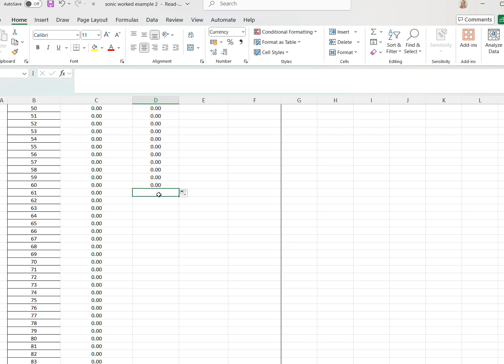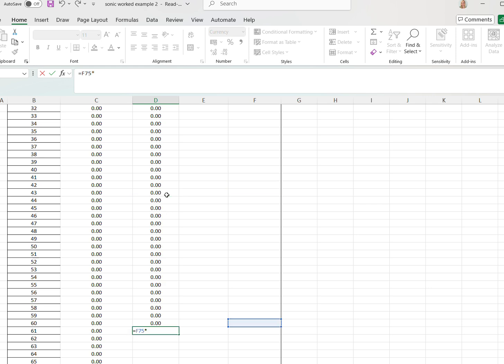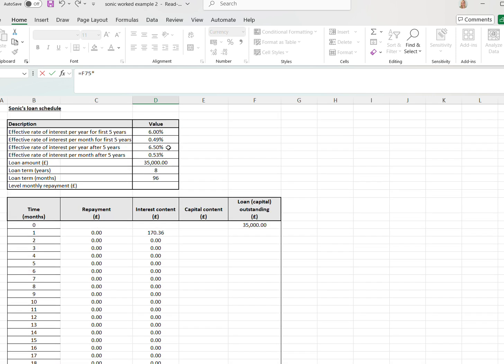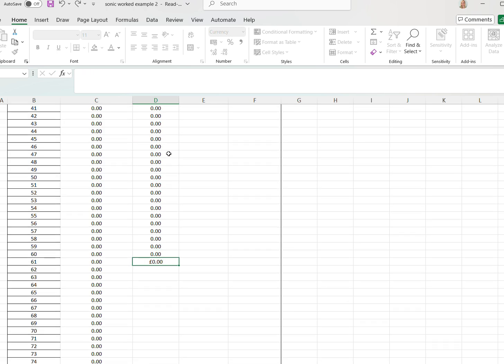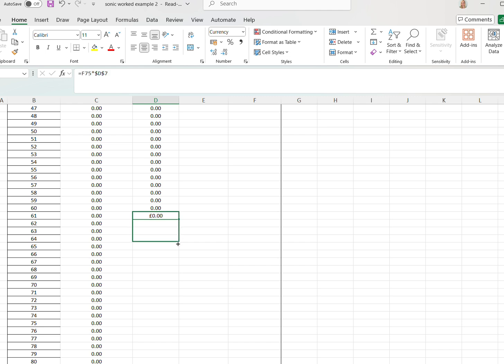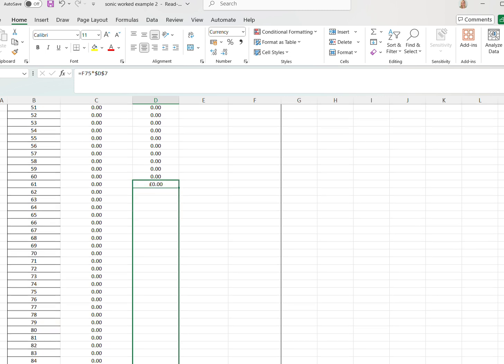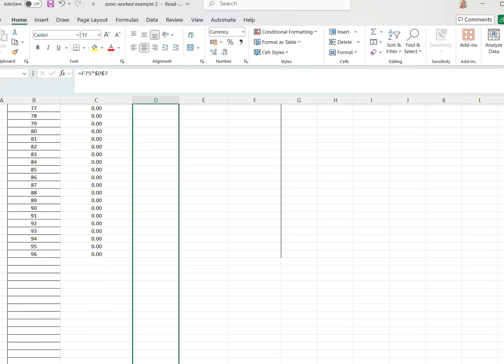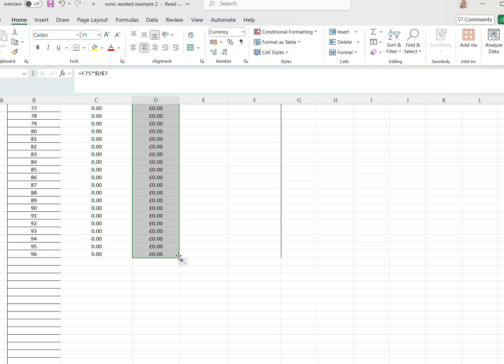At month 60, I'm going to be multiplying my capital, which is this cell here from the month before, by my second interest rate. So I'll go back up to the top, which is this one. Again, I need to make that absolute. And then we can finish this off and take that down to month 96.